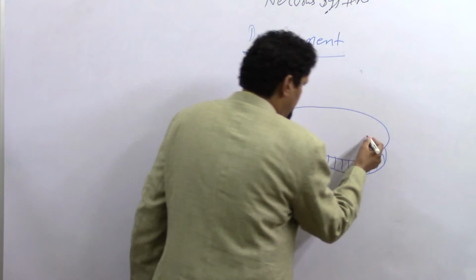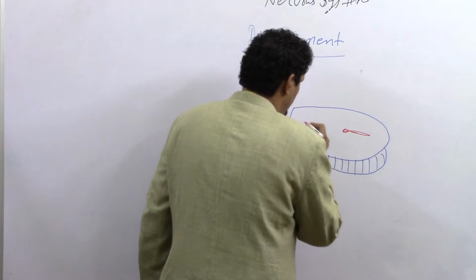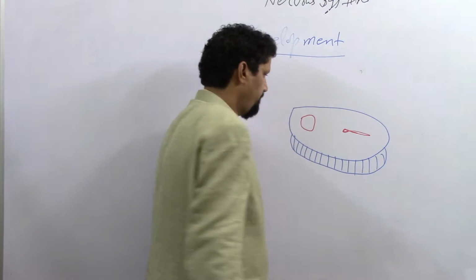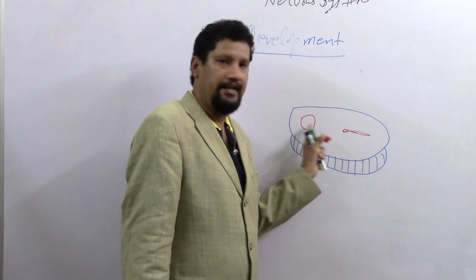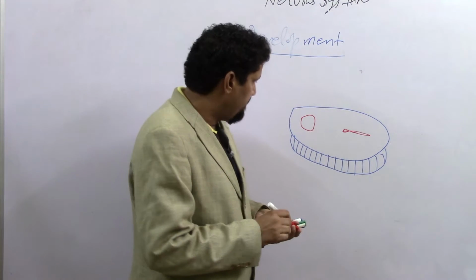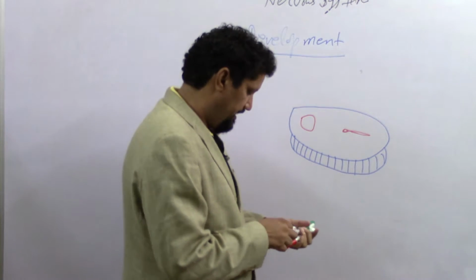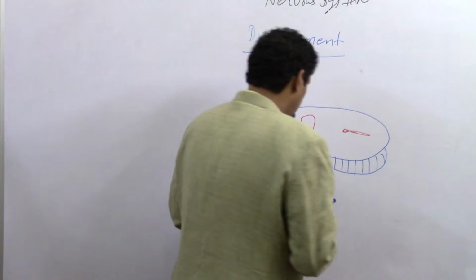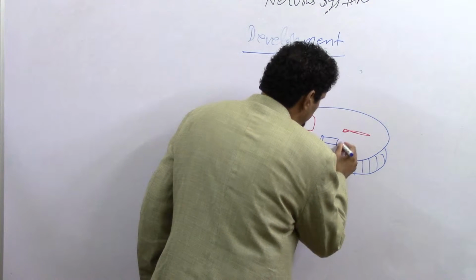It is having a primitive strip and primitive node, and here is buccopharyngeal membrane. Primitive strip, primitive node also known as Hensen node, and this is buccopharyngeal membrane. Between the primitive node and the buccopharyngeal membrane, there is a solid rod-like structure known as notochord.